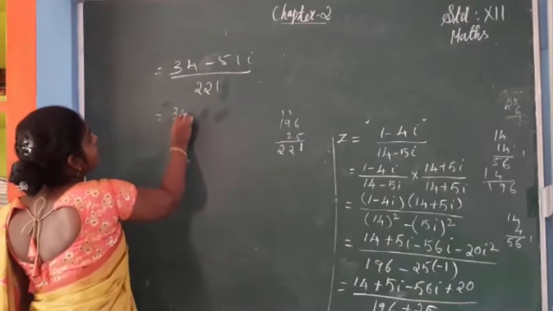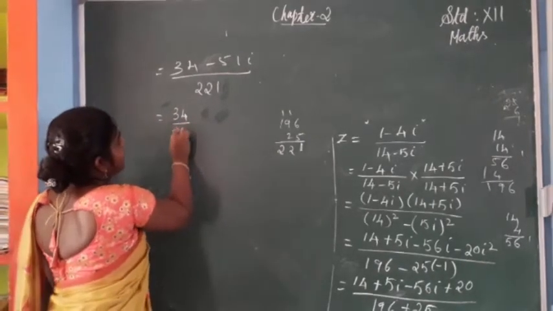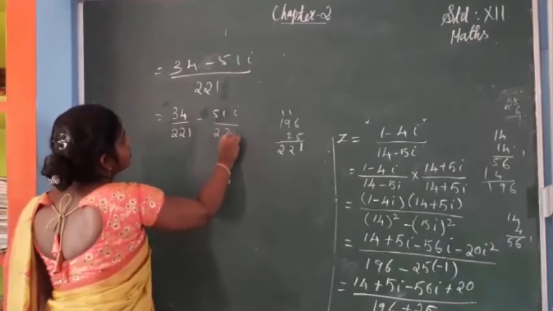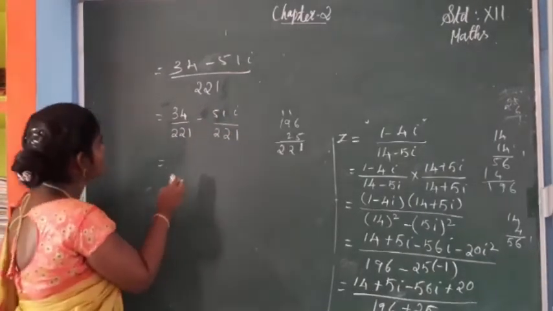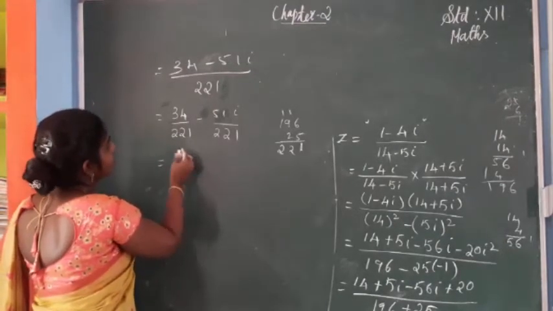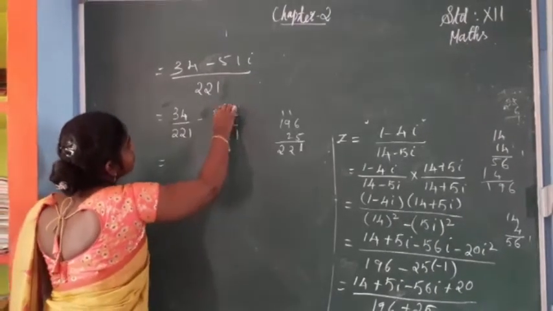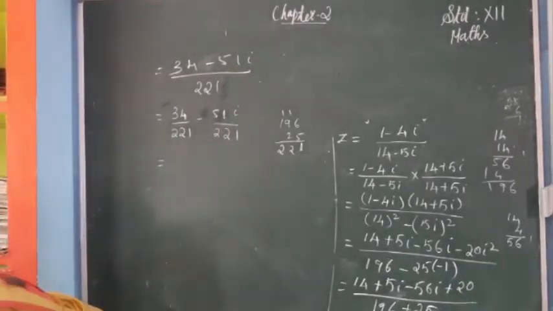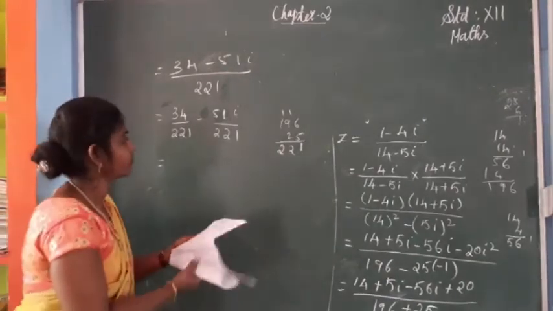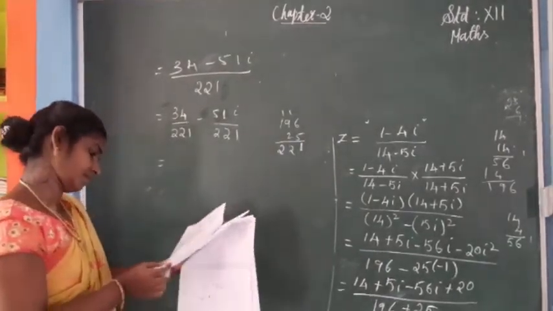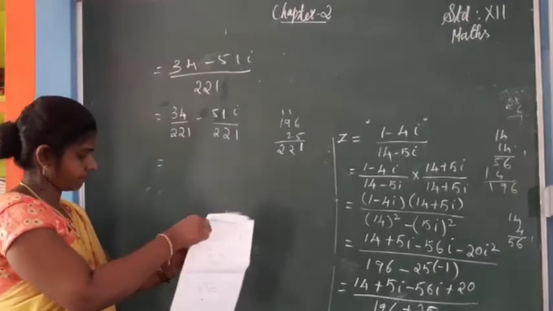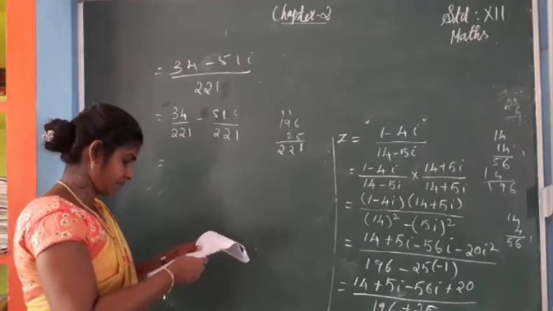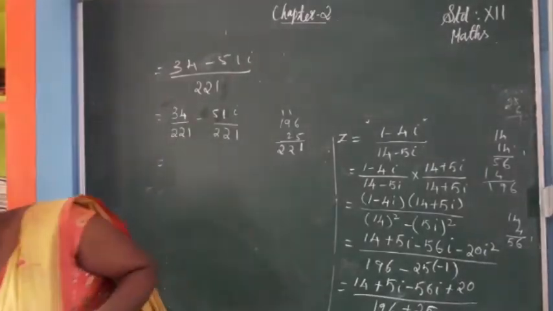That's equal to 34 divided by 221 minus 51i divided by 221, so if we cancel, what is the value we will get? Sorry for the mistake.